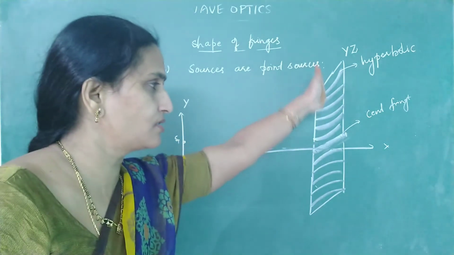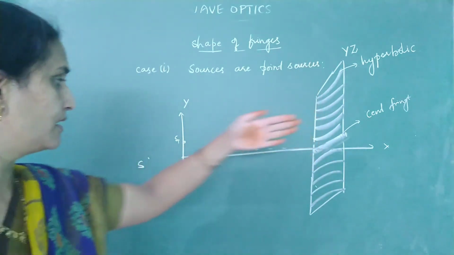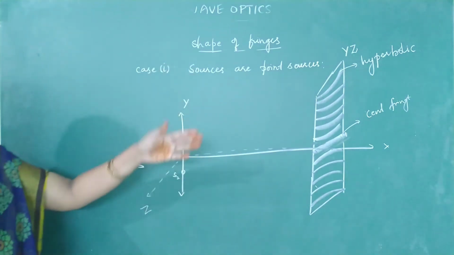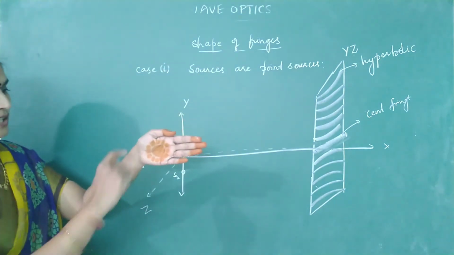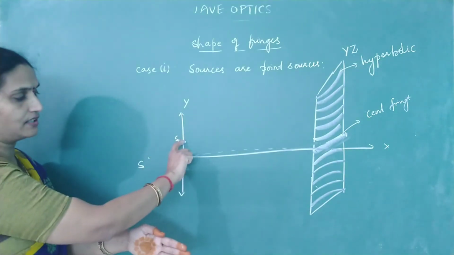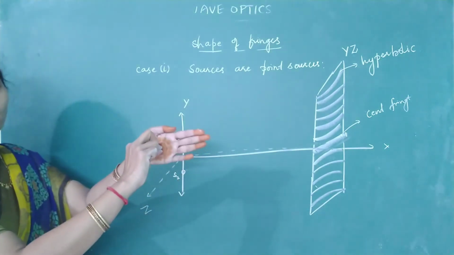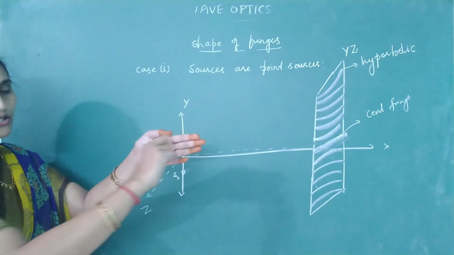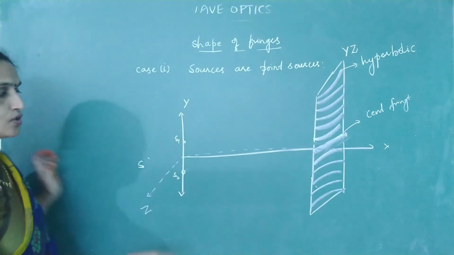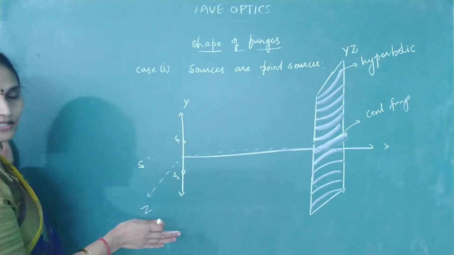Say this is your YZ plane. So if my surface is this, which is perpendicular to the z-axis, and this is S1 and S2, if I take a line from S1 and S2 and select a point at the center, for all the points on this straight line you will observe that the path difference is 0.